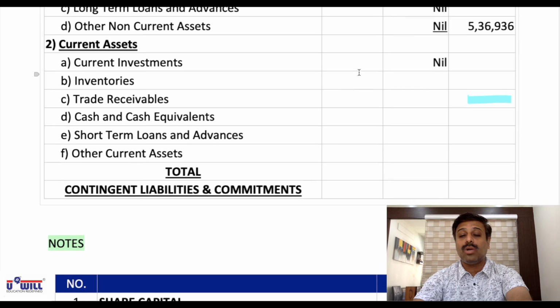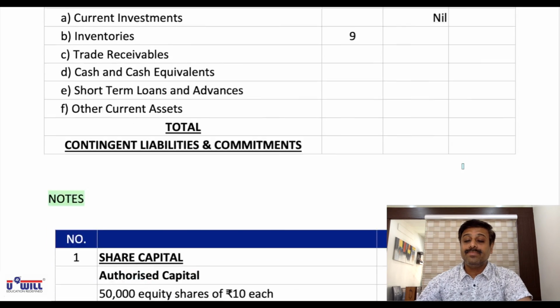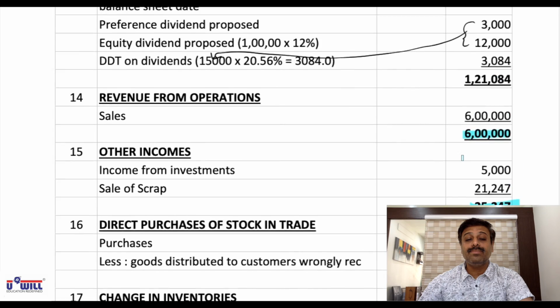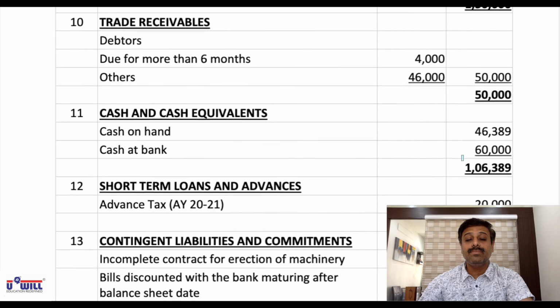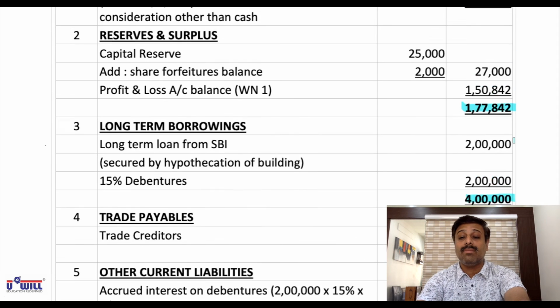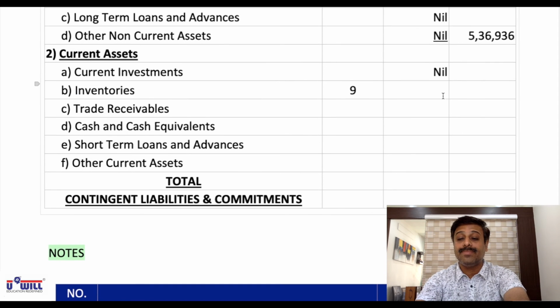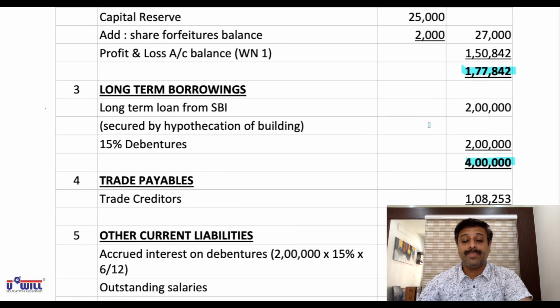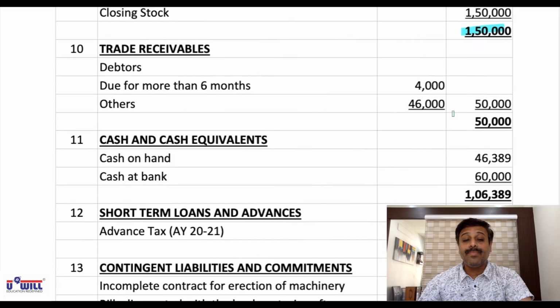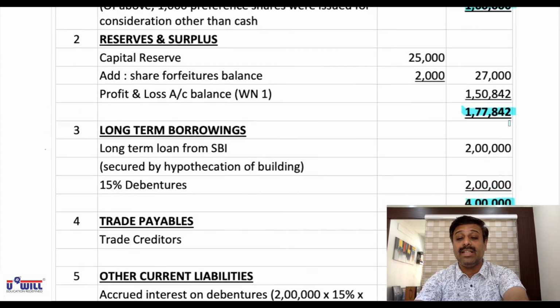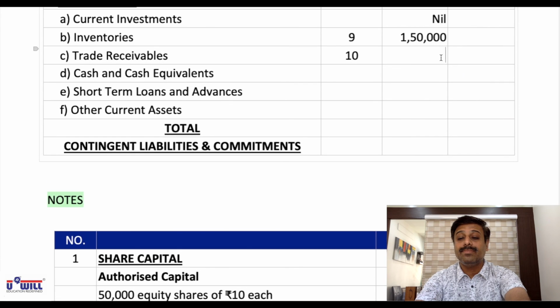Inventories we have as per note number 9, 1,50,000. Trade receivables we have from note number 10, that is 50,000.